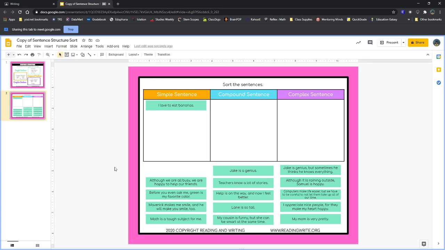What about this next one? Although we are all busy, we are happy to help our friends. Should this go with simple sentences, compound sentences, or complex sentences? Kylie, what do you think?